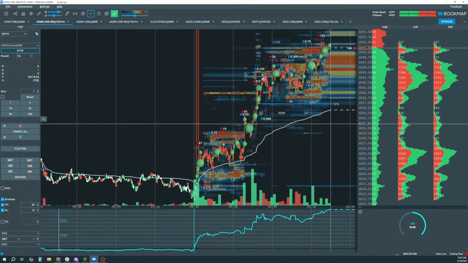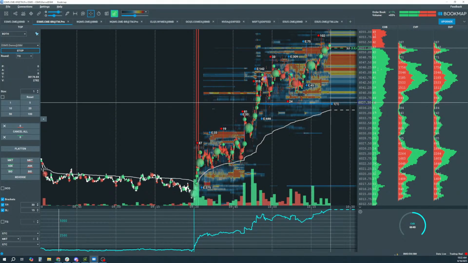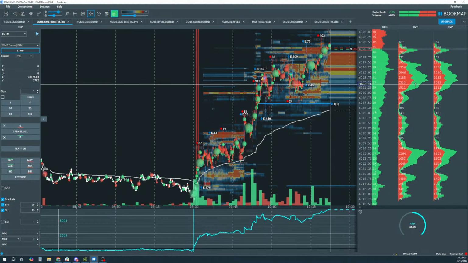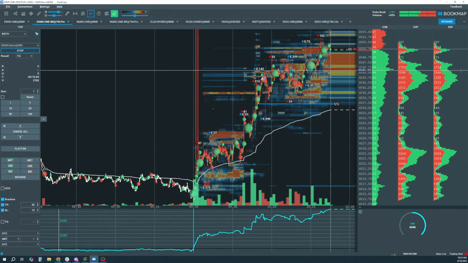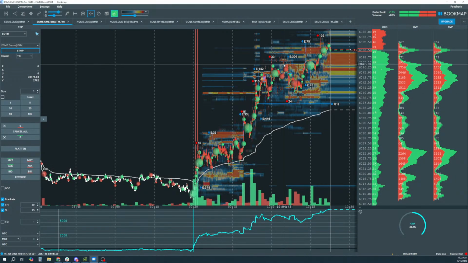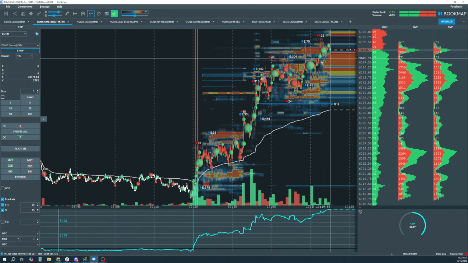Profile traders, you guys can see the volume profile here. It is a trending day profile. Okay, but you can see the big cluster up here from about just before 10 o'clock. Okay, and we did break it though.